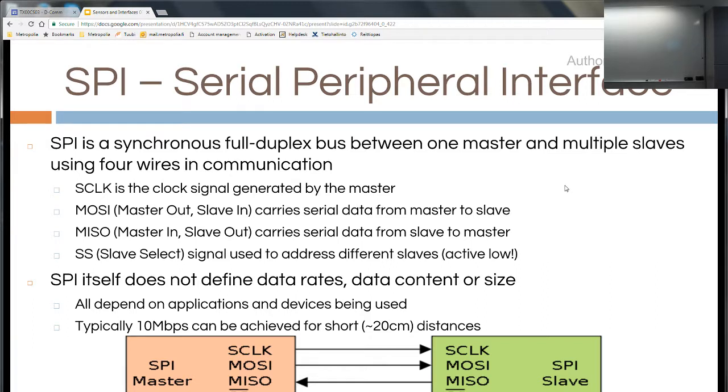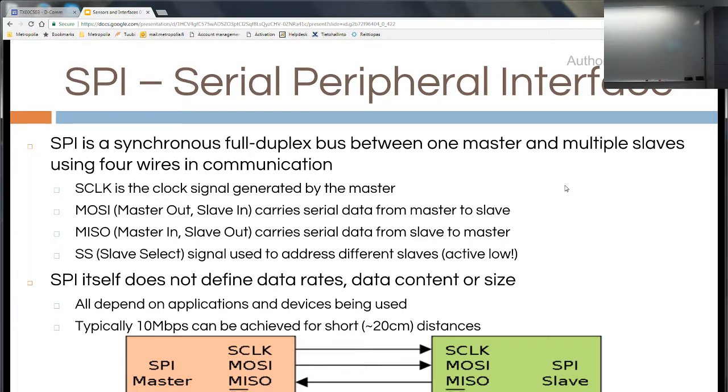Always this is driven by the master. And by the way, there are only 2 devices on this bus, master and slave. You can put multiple slaves, so you can connect these serial clocks and MOSI and MISO to any other slave circuit, but then each of these slaves must have their own select signal.